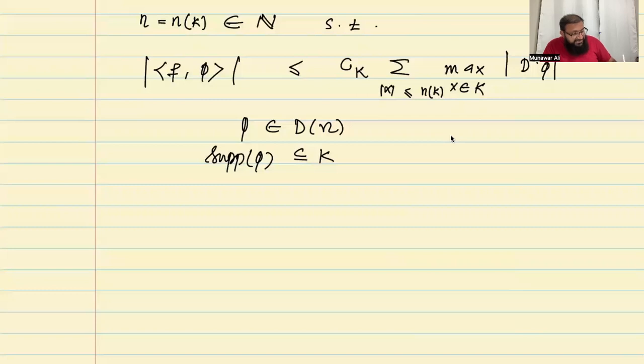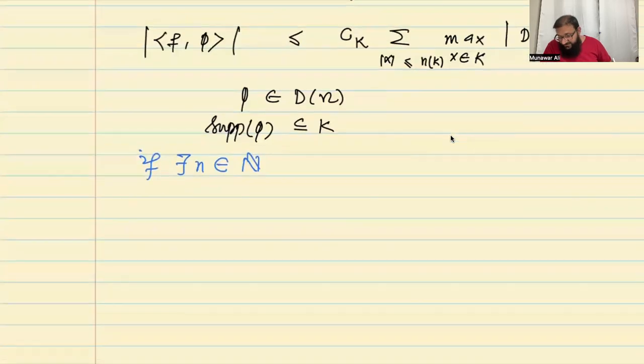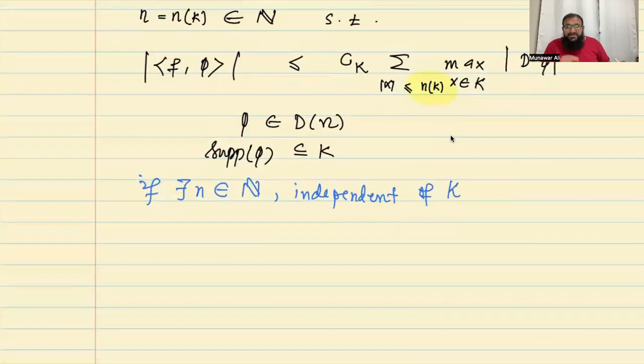So what can I say? If there exists an N from the set of natural numbers which is independent of K, so N over here depends on K, but give me a number N that does not depend on compact sets.